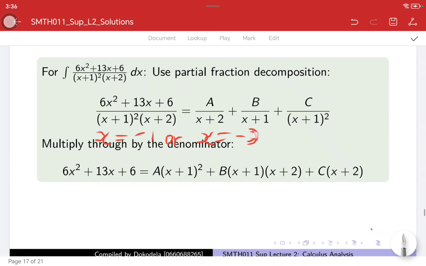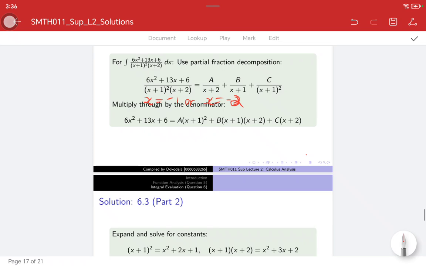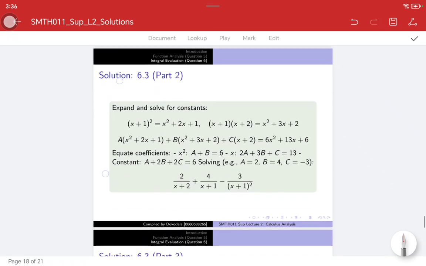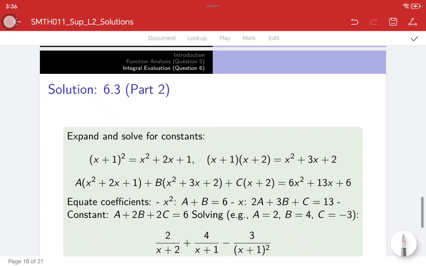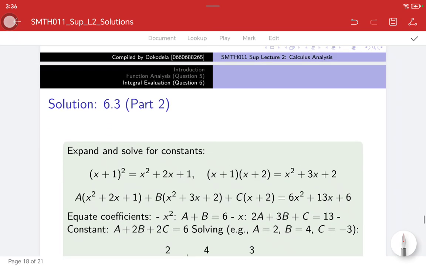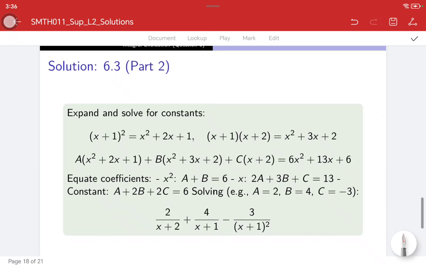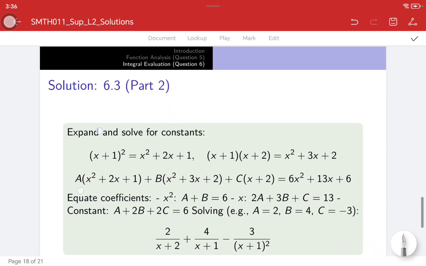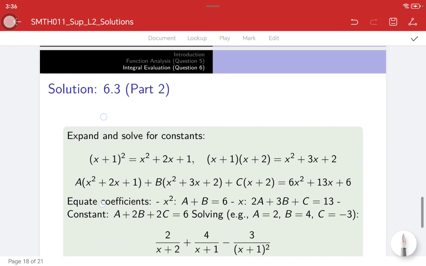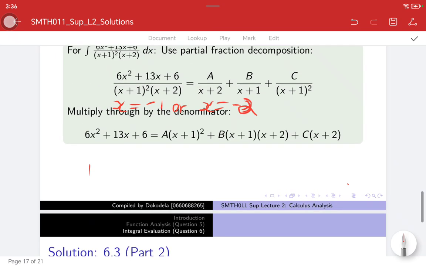You see right now, x will be equal to -1, x will be equal to -2. So we're going to use those values that we have there. x being -1, x being -2. So we're going to use them here. We can use them, or there's this second method, but let's focus on the one where we can use them.